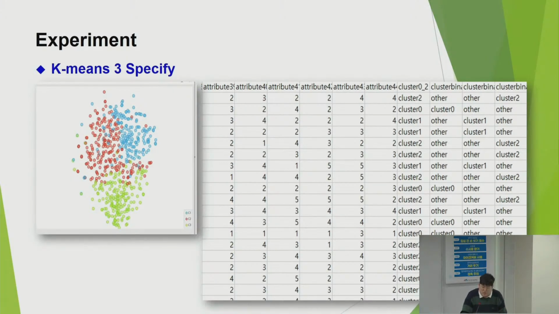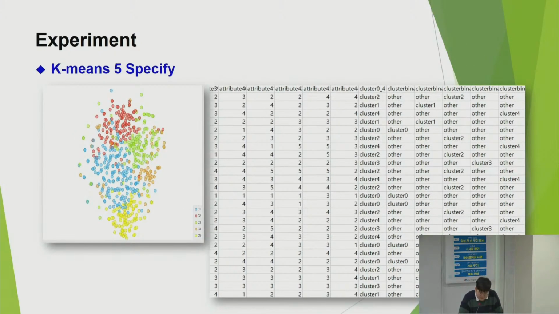Based on the results seen earlier, this study was conducted by reconfiguring and clustering the data set using 3 and 5 groups, which are successful cases of clustering.